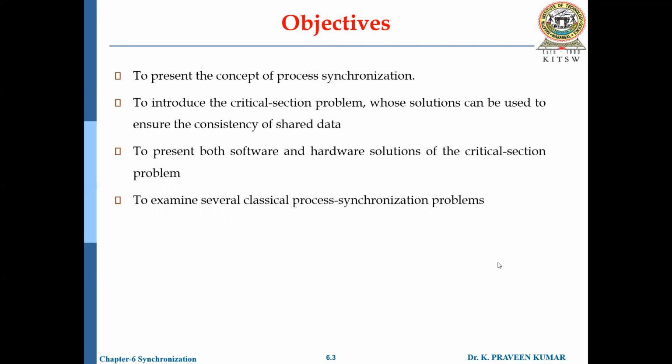Upon ending of this lecture video, you will be able to understand what is critical section and what are synchronization problems. In the next video lecture, we are going to discuss Peterson's solution and different solutions. In between, we are also going to learn about race condition.